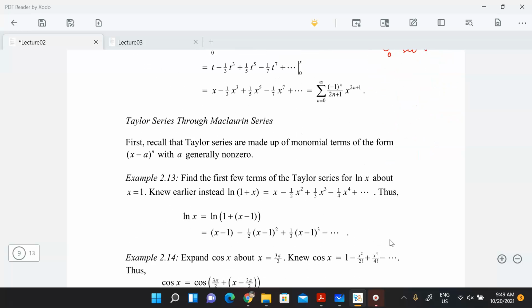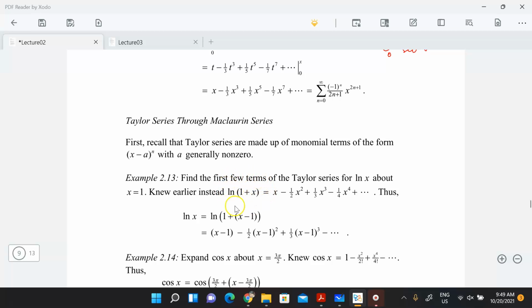What else? Okay. This is the expansion of your Taylor series about some non-zero point. So, for example, earlier we had this log 1 plus x.